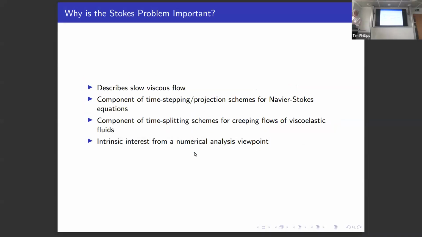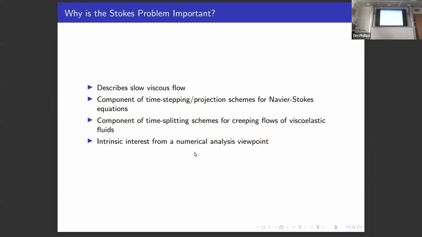So why is the Stokes problem important? Well, it's a fundamental problem in fluid mechanics. It describes slow viscous flow, so it's worthy of study in its own right. When you're solving time-dependent Navier-Stokes equations, usually some sort of time-splitting or projection scheme is used.